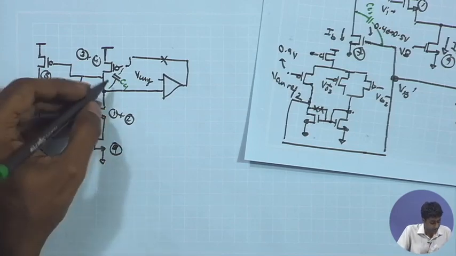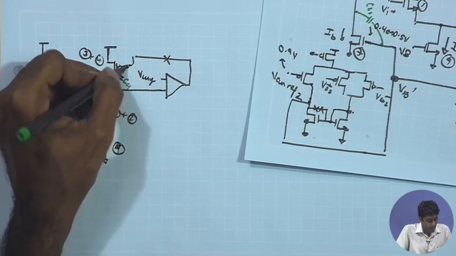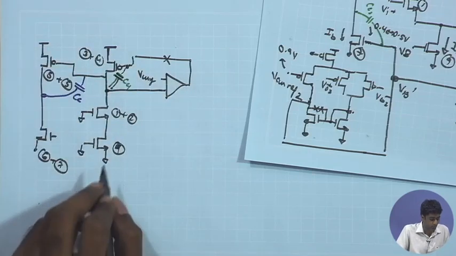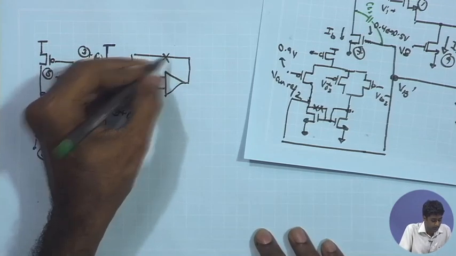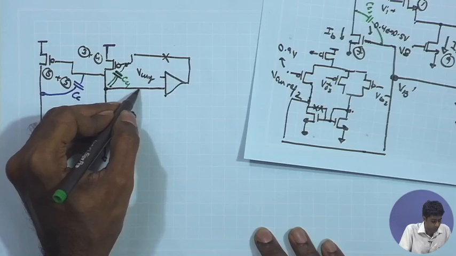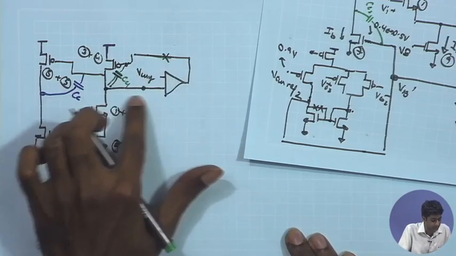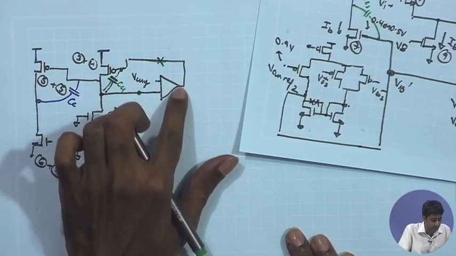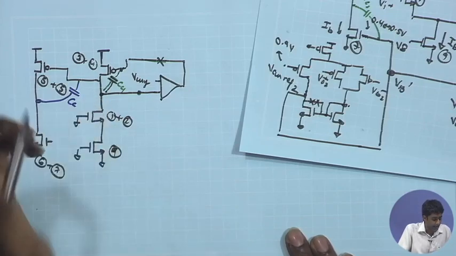Now here we said that CC1 is going to have a Miller multiplication, and therefore at the output node you can have an overall multiplied Miller capacitance. For example, if I open the loop over here as we did in the earlier analysis, the CC1 is going to lead to a Miller multiplication, and therefore this output of the error amplifier gives you a dominant pole.